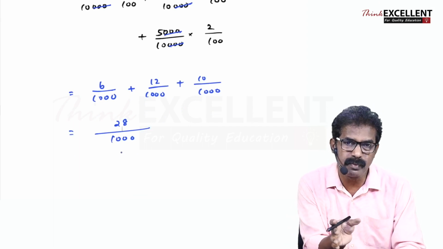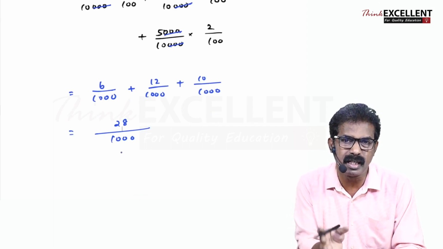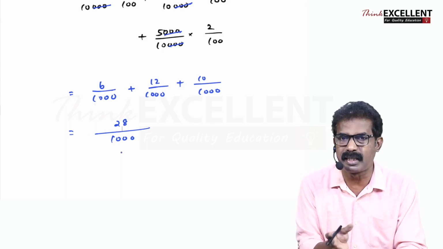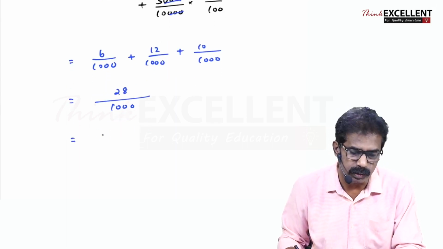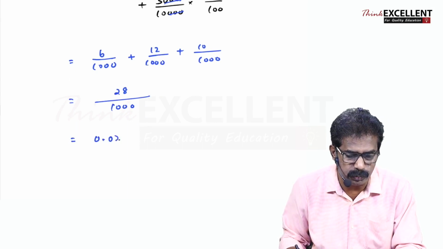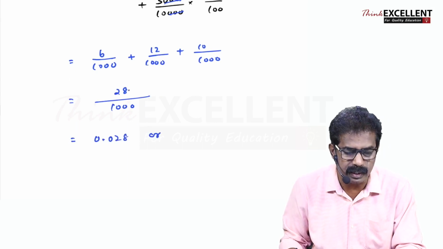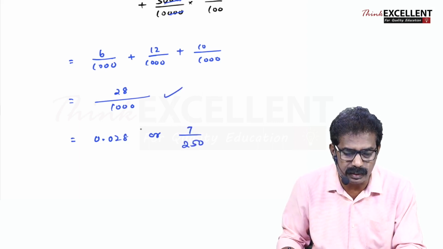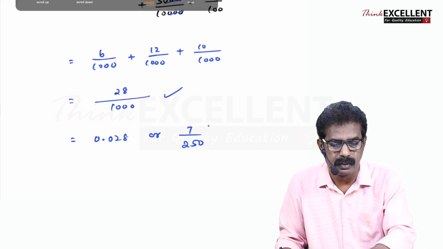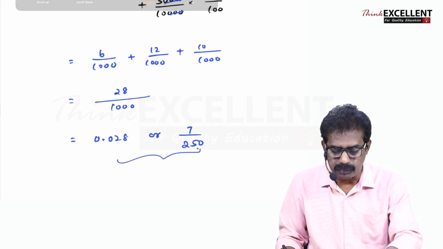This total probability we are going to write in the denominator. In the denominator, if we get some decimal, then the calculation will not be easy, right? So you can write either 0.028 or you can cancel by 4 tables, 7 4s are 28 by 250. You can write any one of these. All these 3 are the same only, right? Any one of these forms you can write as your answer.